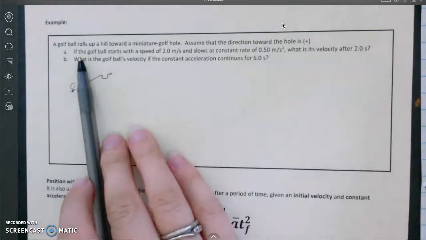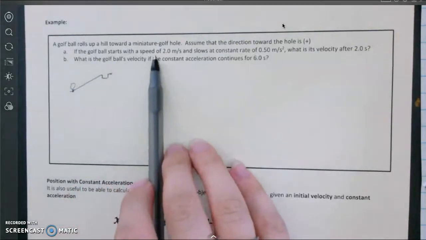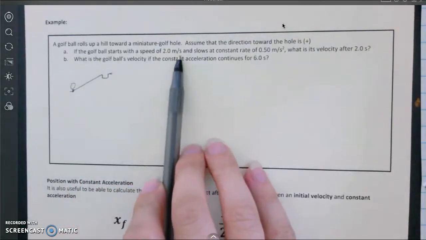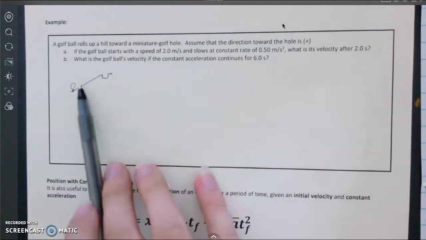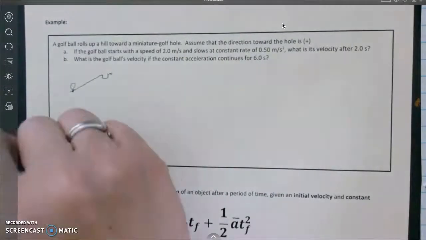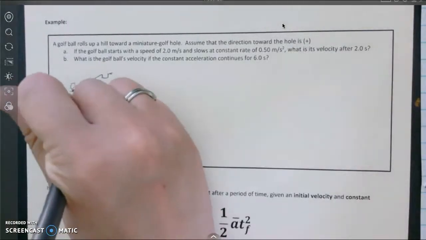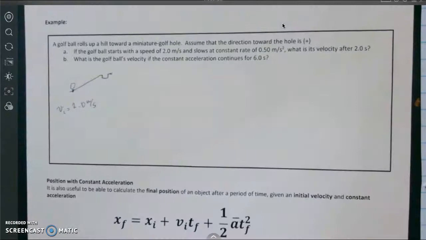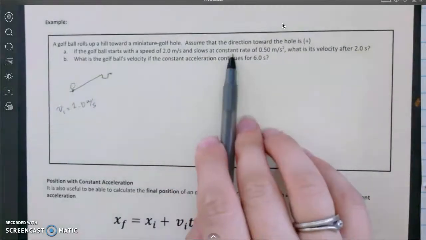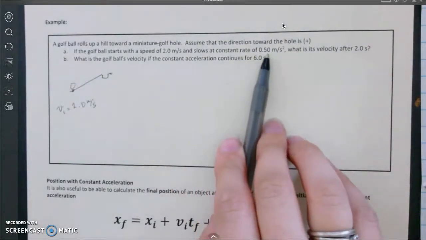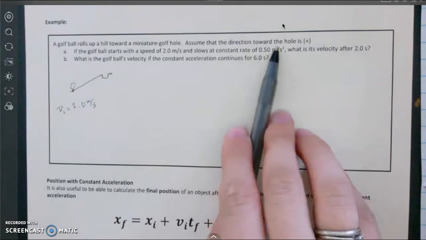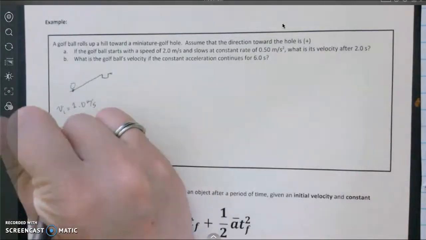If a golf ball starts with a speed of 2 meters per second, again, speed, but we're going in the positive direction, so velocity initial will be a positive 2 meters per second. And it slows at a constant rate of 0.5 meters per second squared. Meters per second squared, that's acceleration.